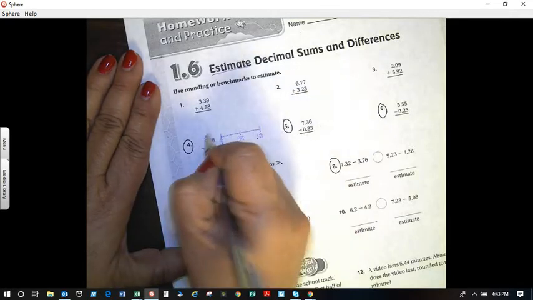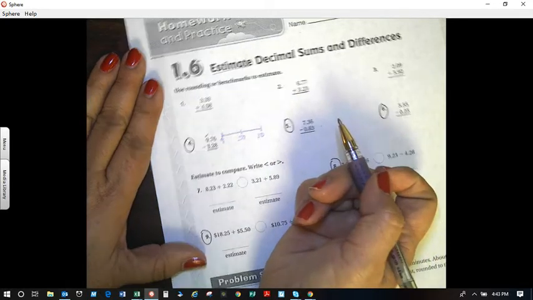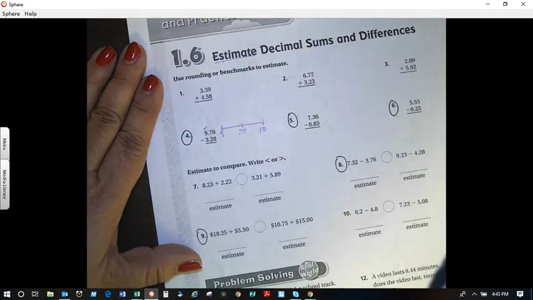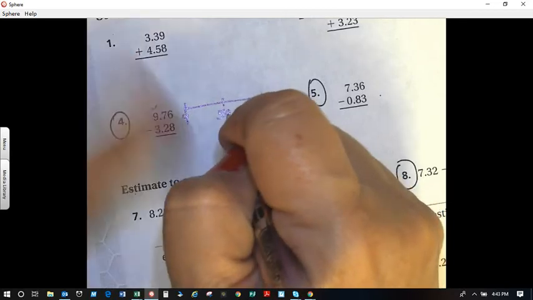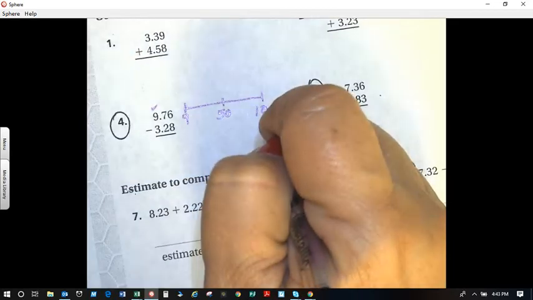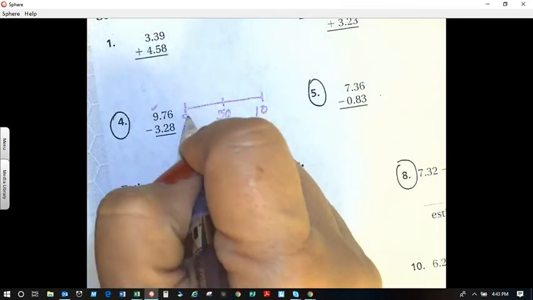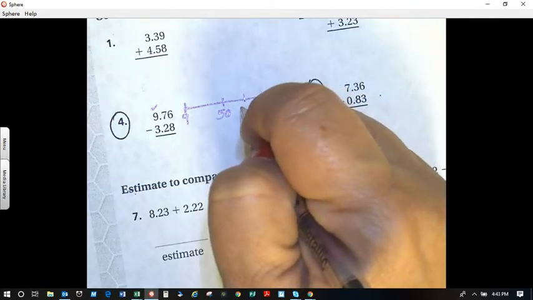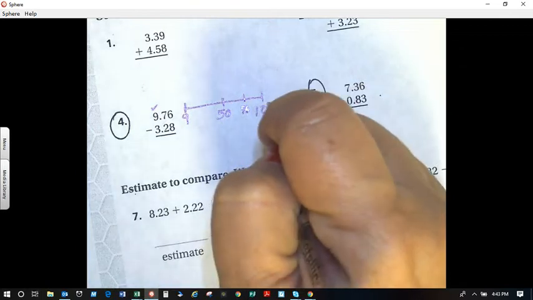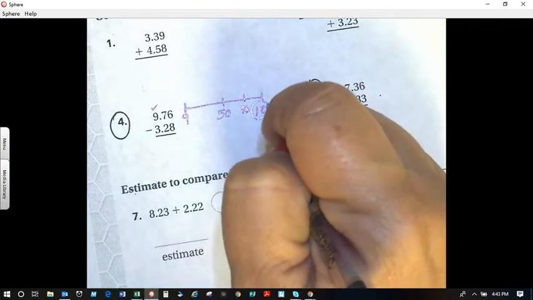So I have the 9 taken care of. Where would I put the 76? It's kind of hard to see there. The 76 would go on this side of the 50, or to the left side of the 50. Right, it's going to go over here. And so it's going to be closest to 10.